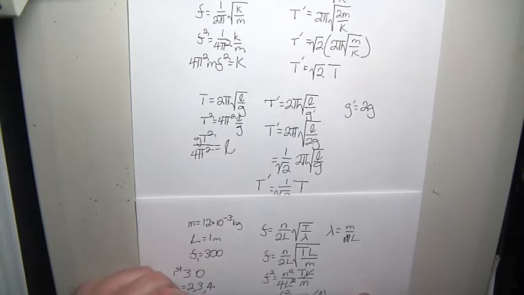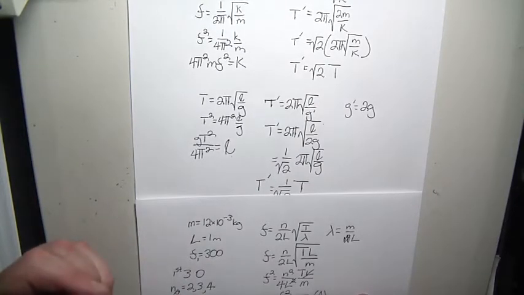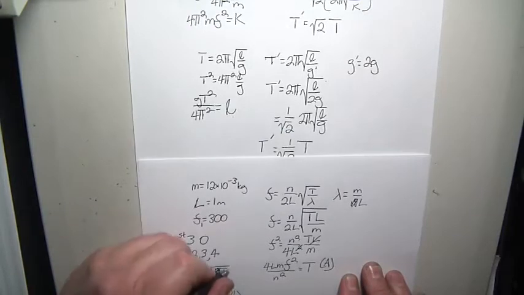So T is 2 times whatever A is, which is that tension. Plug it in there. Lambda is still the same, M over big L. And then the big thing is, plug in 2, get a frequency. Plug in 3, get a frequency. Plug in 4, get a frequency. It's repetitive.